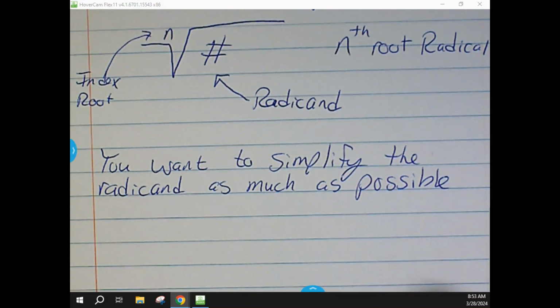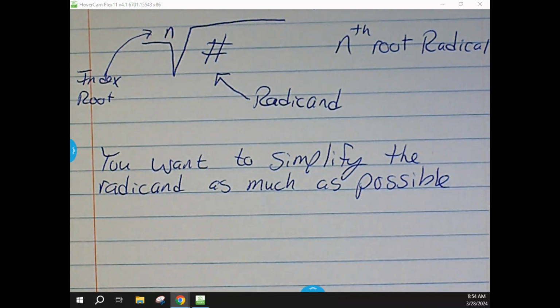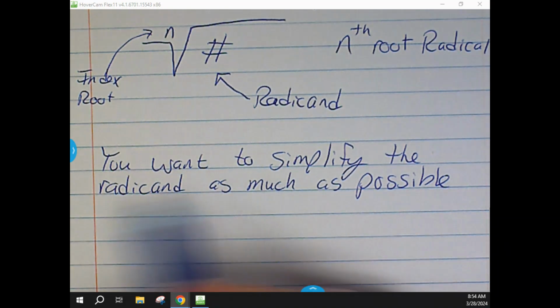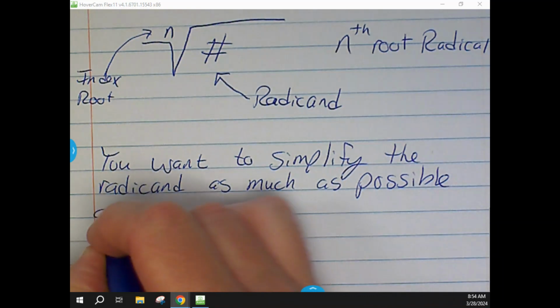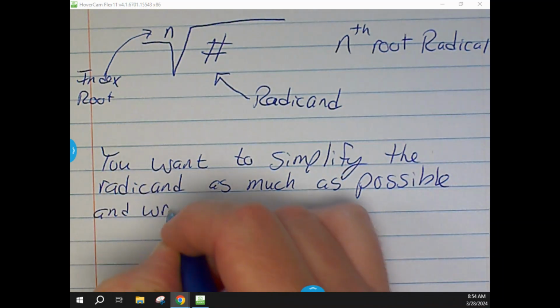Again, when we're taking that number and breaking it down, we're basically going to rewrite it in factored form. So if that number happens to be 120, like we were doing with square roots way back when, we would break it down as 2 times 2 times 3 times 5, or whatever the expression happens to be.